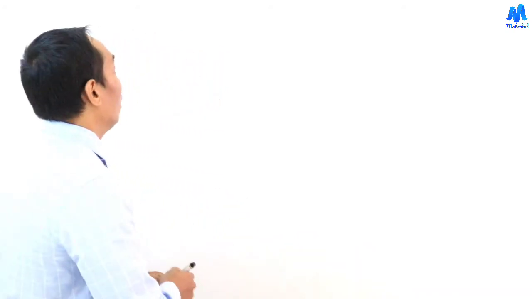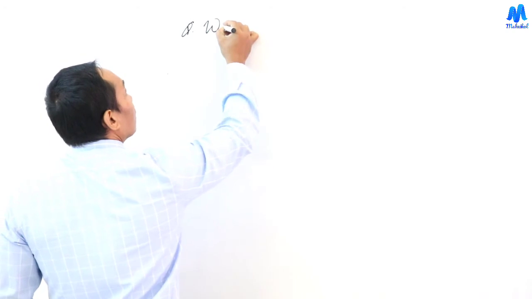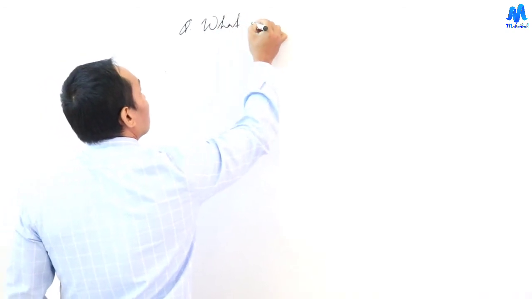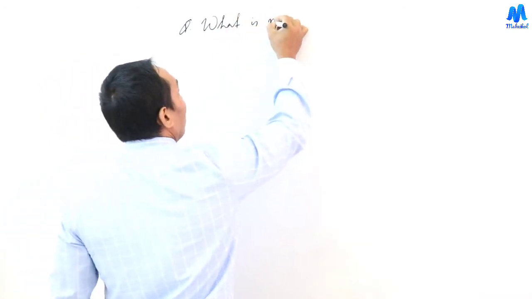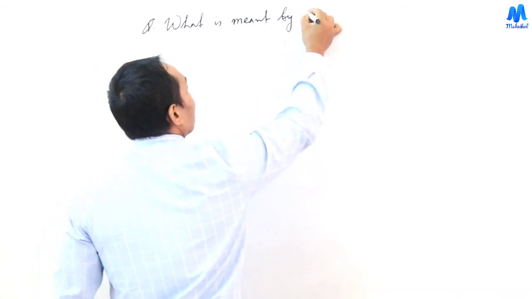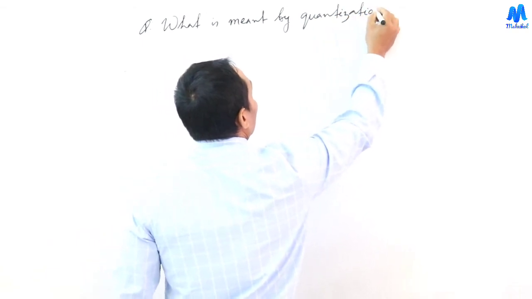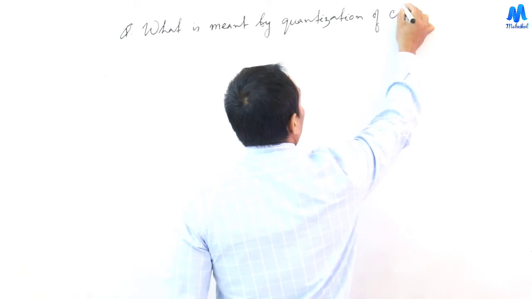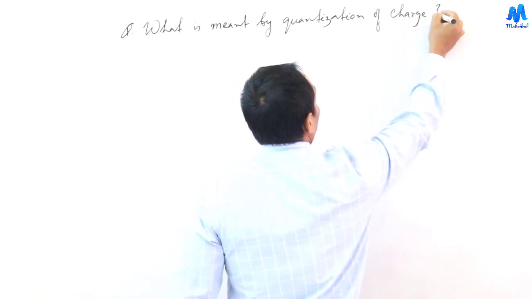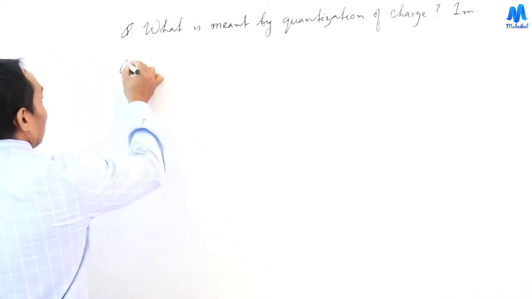And when it comes to the properties of electric charge, some questions may come in the exam. What is meant by quantization of charge? One mark, that may be asked in the exam.